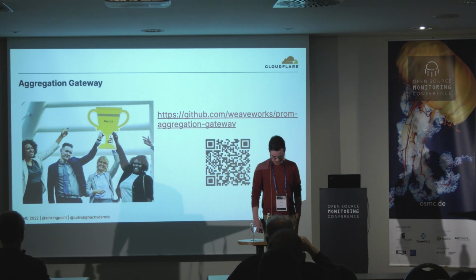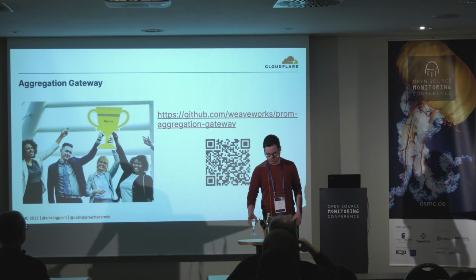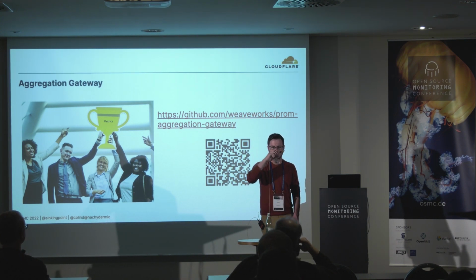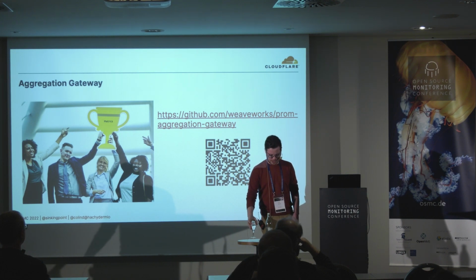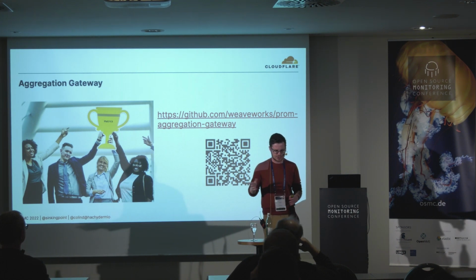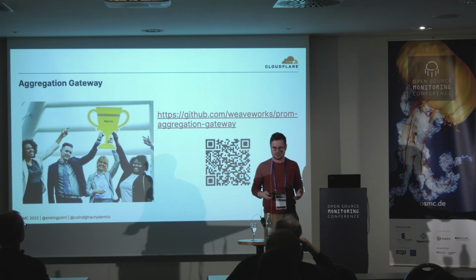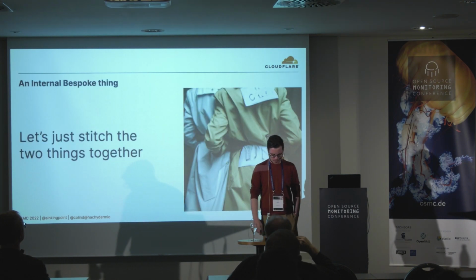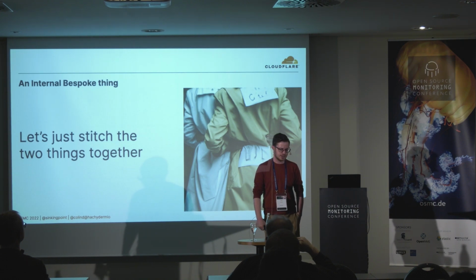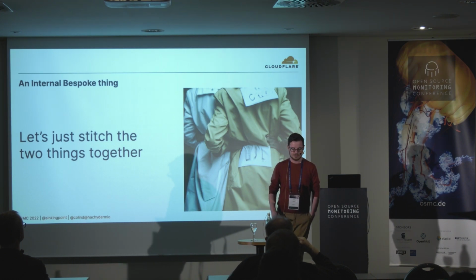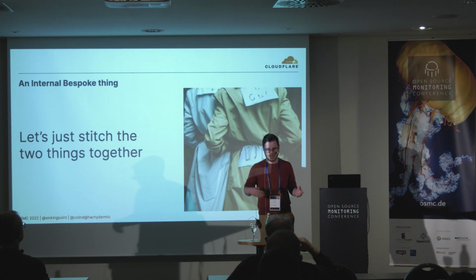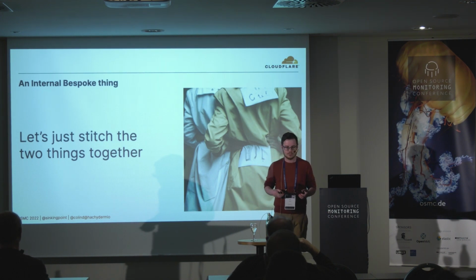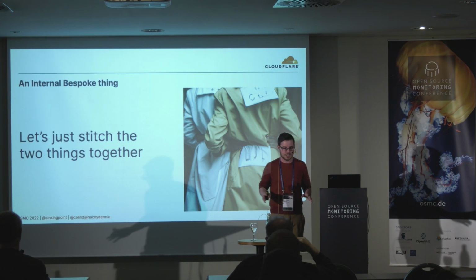But the aggregation gateway doesn't support all of these different semantics we want. It doesn't handle gauges at all. Histograms are real weird with it. Infometrics are just completely out of it. At the same time, we found teams had built their own internal bespoke thing that took the push gateway, took the aggregation gateway, and stitched them together in some Mary Shelley style abomination.